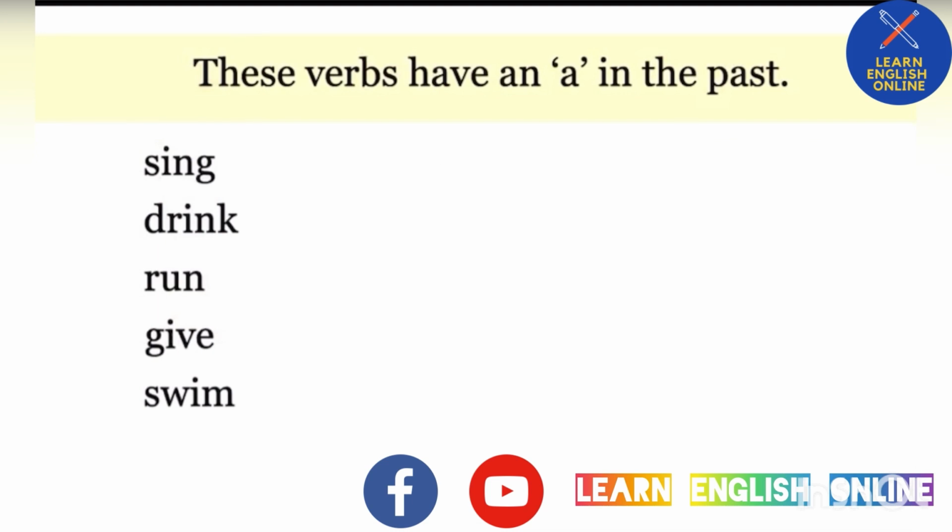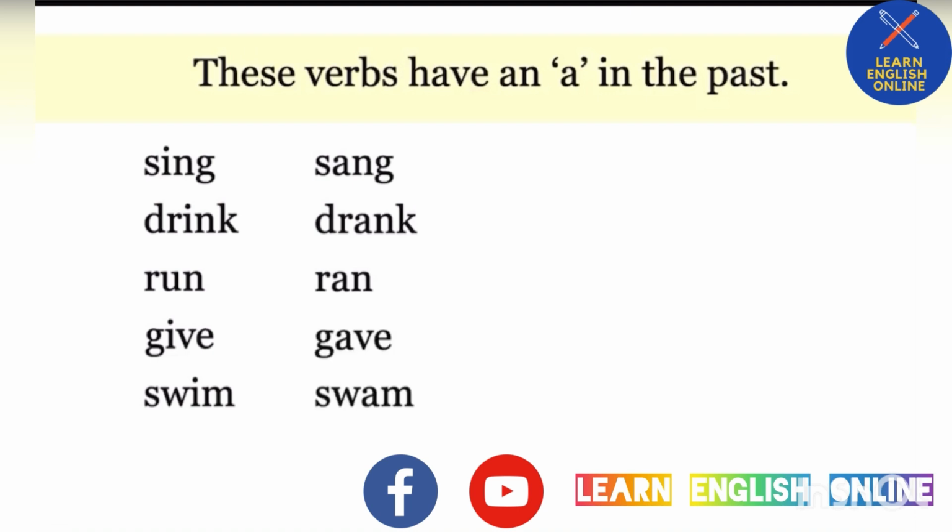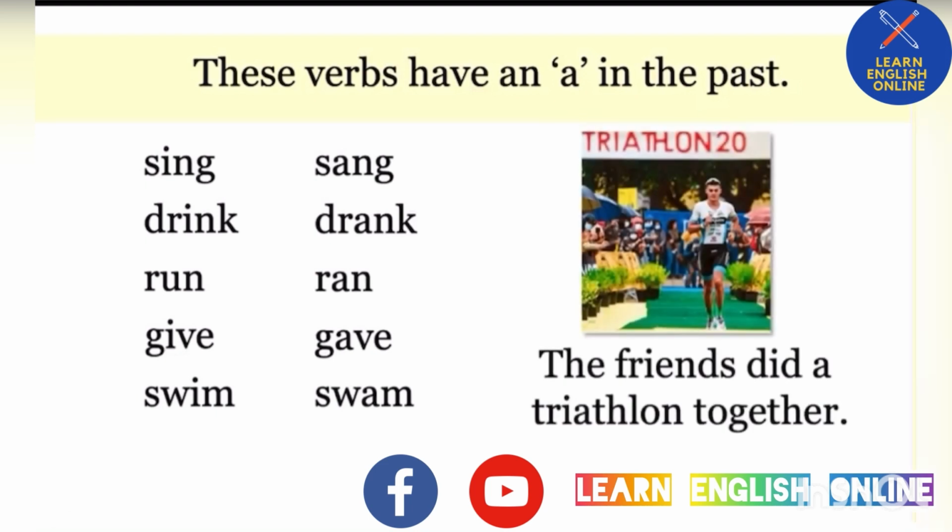These verbs have an A in the past: sing, sang; drink, drank; run, ran; give, gave; swim, swam. The friends did a triathlon together.